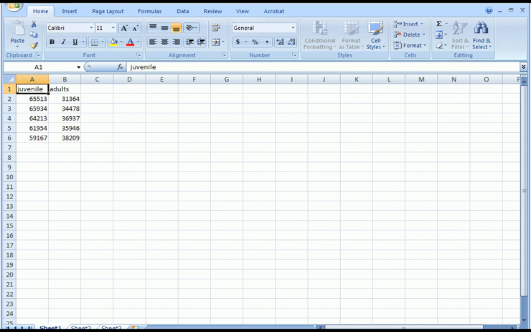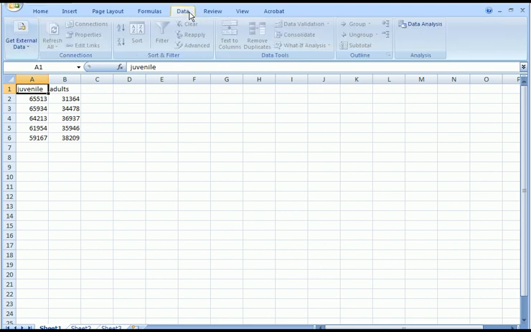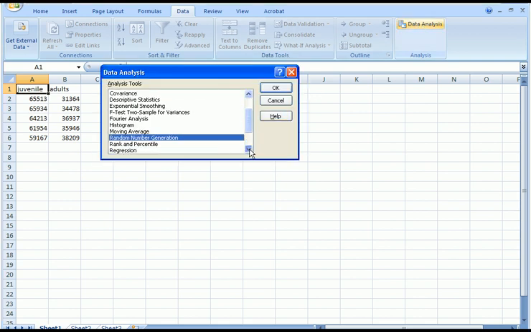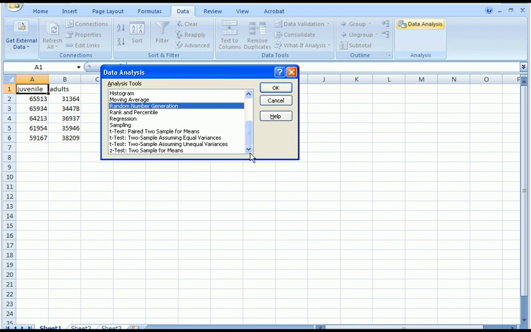For those of us who want to try using some technology, we're going to have our data, and we're going to go to the Data tab. Data Analysis, and I'm looking for, at the bottom, a t-test because I have a very small sample here, and we're going to go to samples, independent, and we're going to assume equal variances.